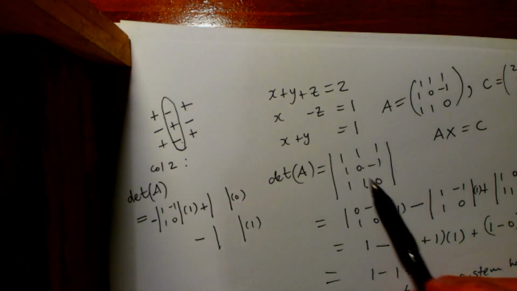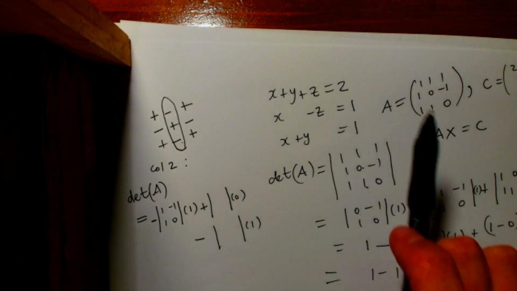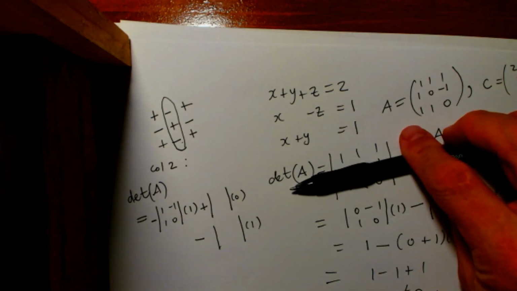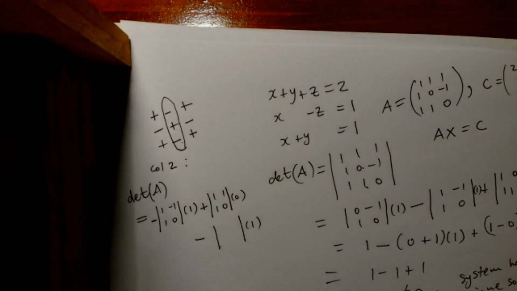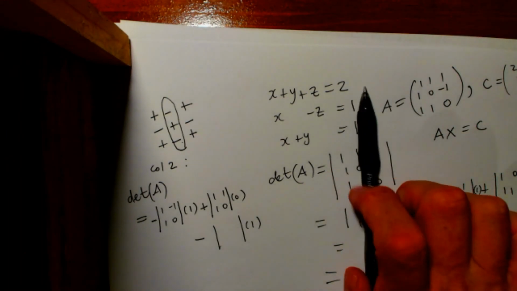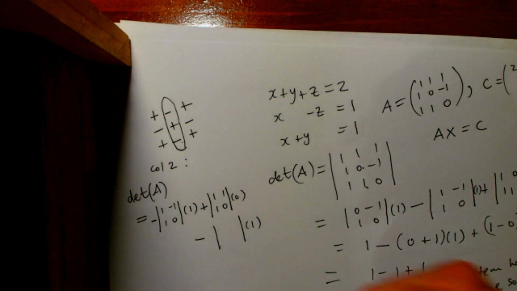Okay, next, if we move on to the second entry in that column, we cross out the row and the column that it's in, and we have 1, 1, 1, 0. Okay, finally, moving on to the next entry, the 1, we cross out the column and the row that it's in, and we have 1, 1, 1, minus 1.